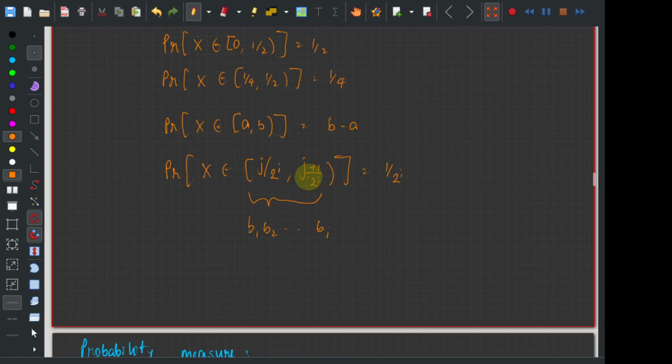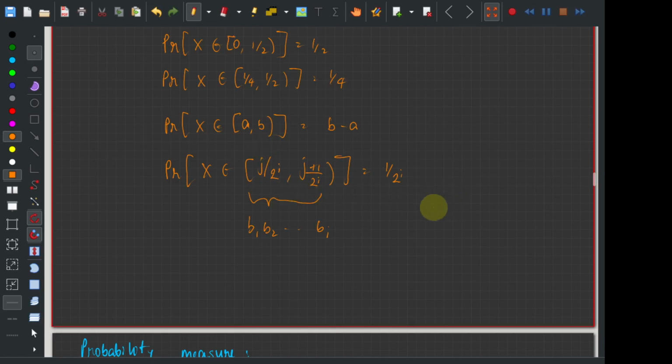All right, so it's clear, right? So given any interval a to b, I can write it as a disjoint union of intervals of this particular form, or at least approximate it for some large enough i. Correct? So then what should the probability of the union of disjoint intervals be? The sum of the probabilities. And what can that be equal to? Roughly equal to the length of the interval.